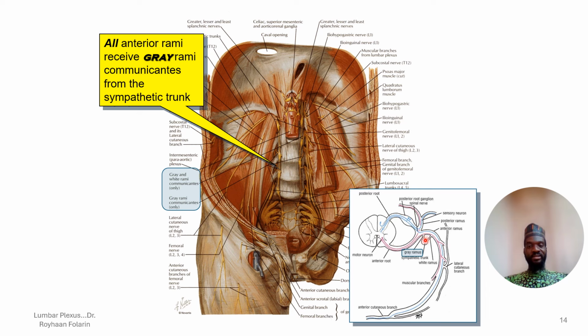So it receives gray rami communicantes from the sympathetic trunk. So the sympathetic trunk is feeding this anterior ramus with these gray rami communicantes. And these gray rami communicantes carry postganglionic sympathetic fibers. Remember, they are coming from the sympathetic trunk.